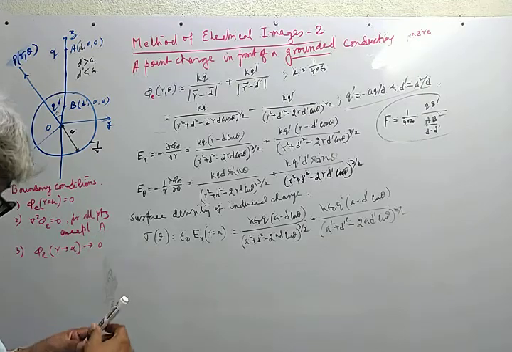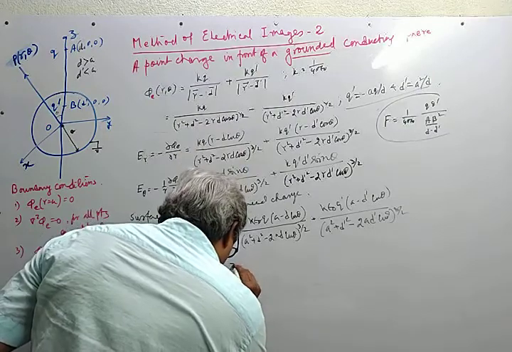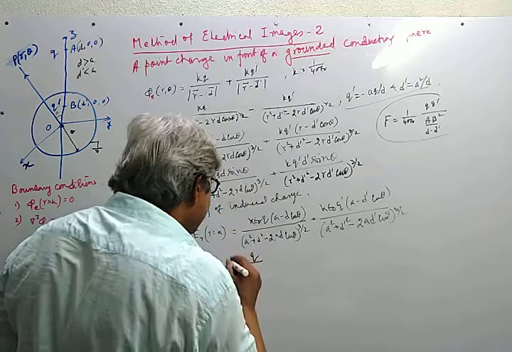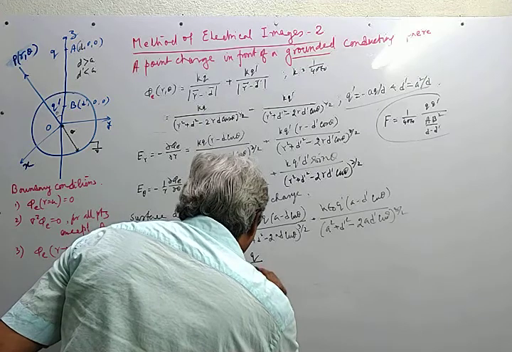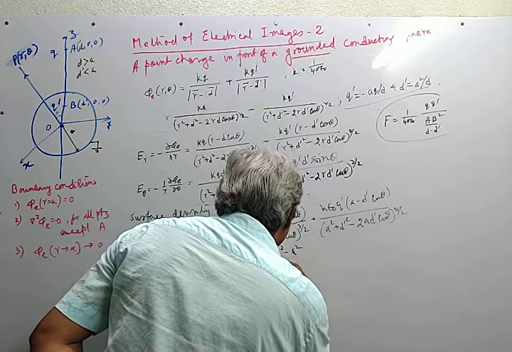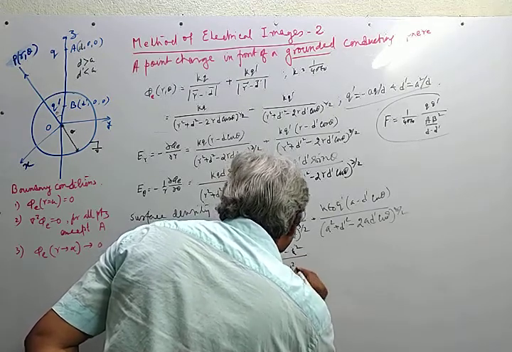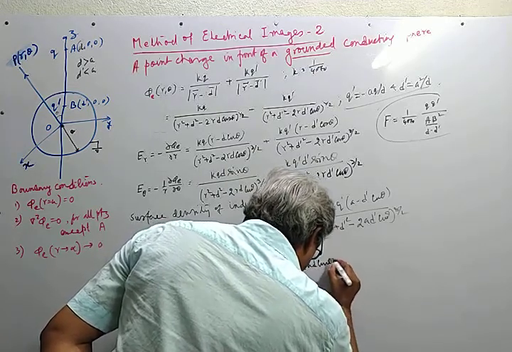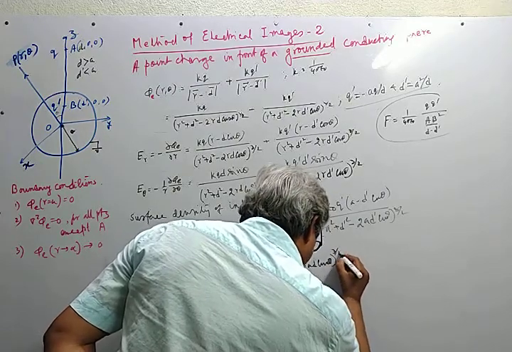On simplification, the result comes out to be minus q by 4 pi a, (d square minus a square) over (a square plus d square minus twice a d cos theta) to the power 3 by 2.